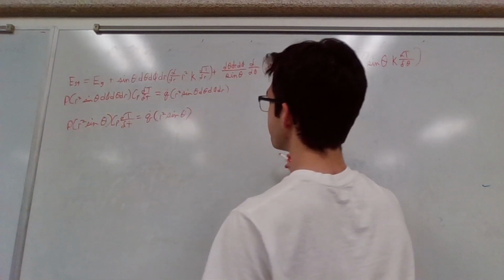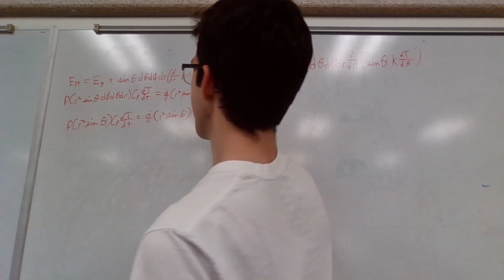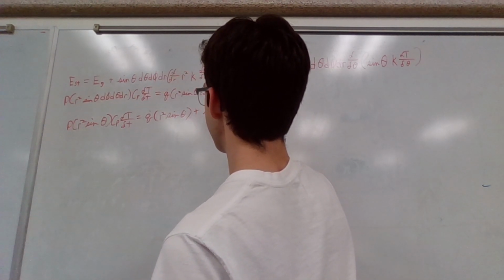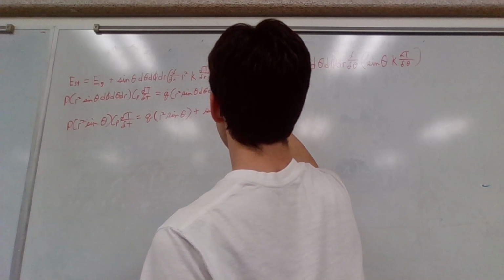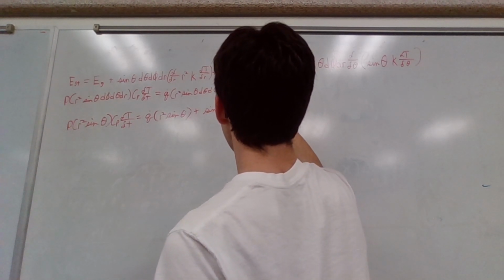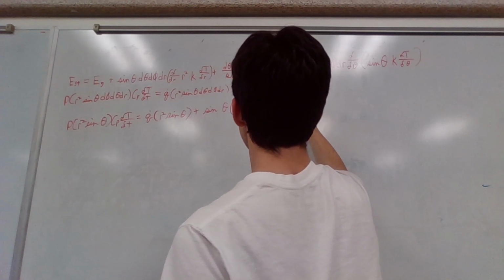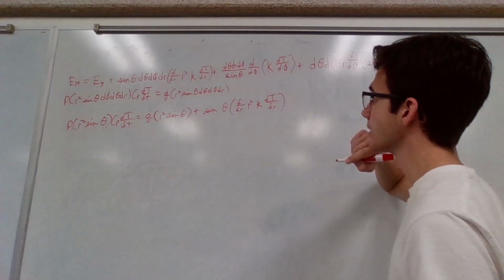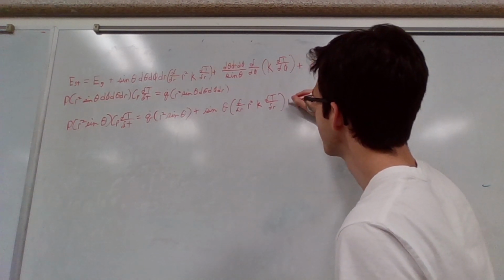Let's step over here. Plus, all right, so my d theta, d phi, dr cancels there, so that's just plus sine theta times my partial with respect to r of r squared k, partial temperature with r. Yep, those all cancel.